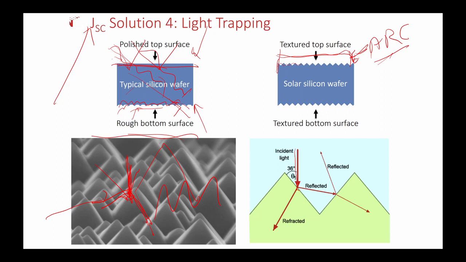It is shown in this one: some is reflected back, and this is refracted. Through this we can get more and more light absorbed, which will increase the JSC.